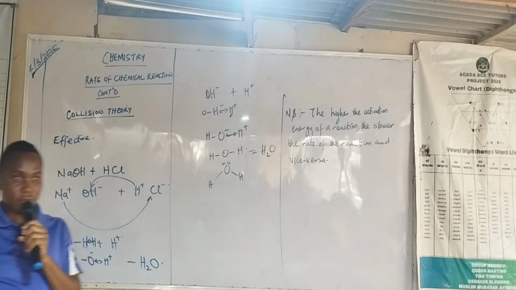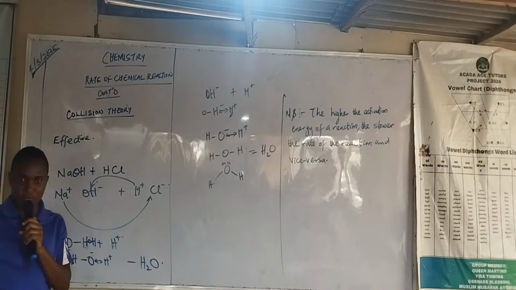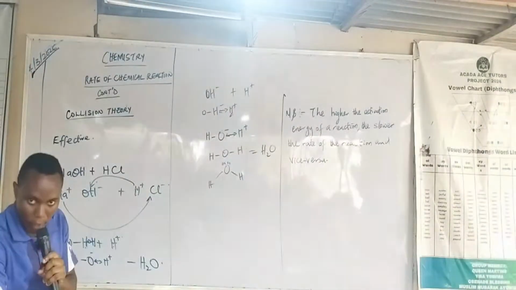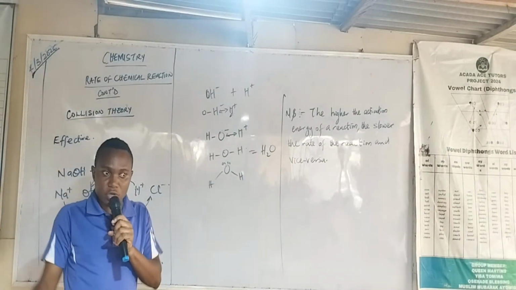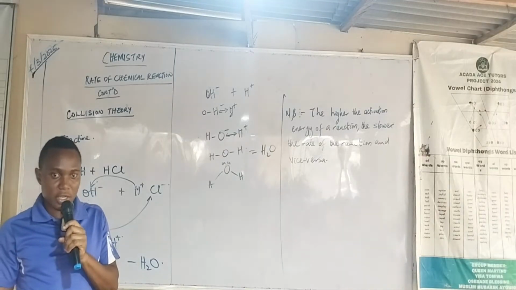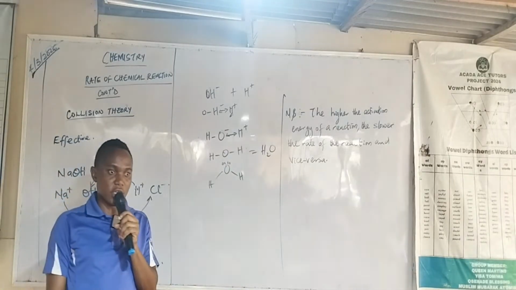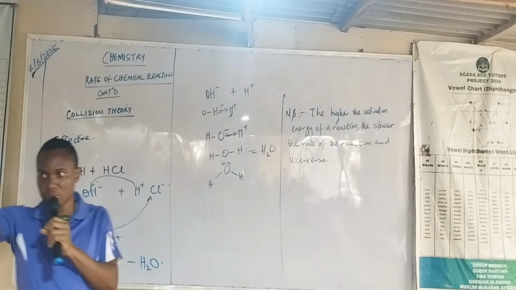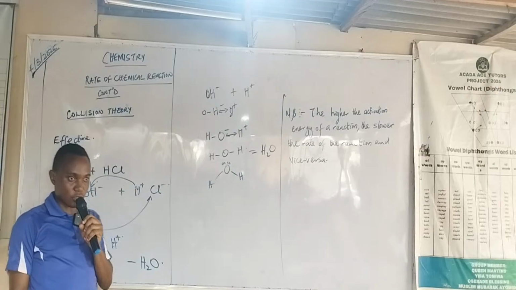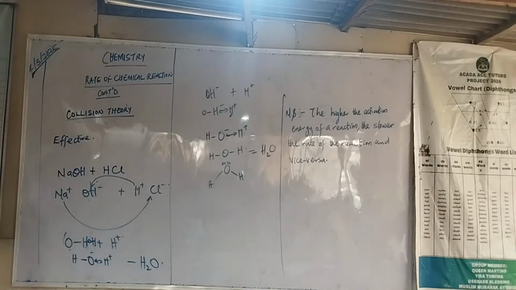You understand me now? But if the reaction is finding it difficult to occur spontaneously on its own, if the catalyst enters into the system, it lowers the activation energy so that the little collision that we are having within the system can actually reach the activation energy easily. So such reaction will proceed. Do you get what I'm saying now? That's what we call promoters.